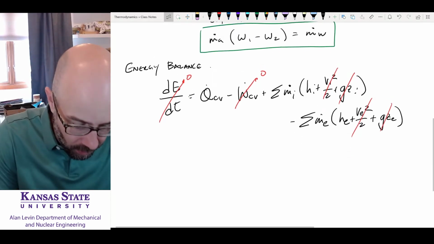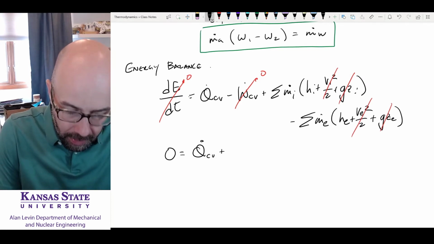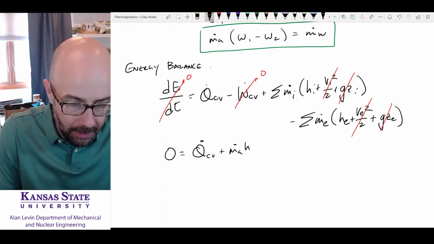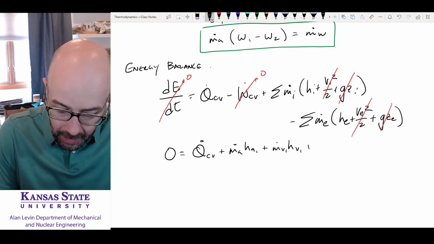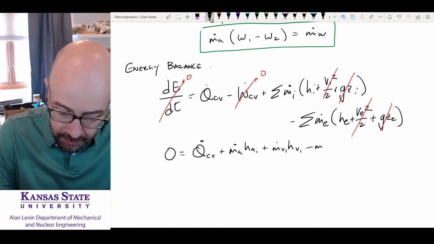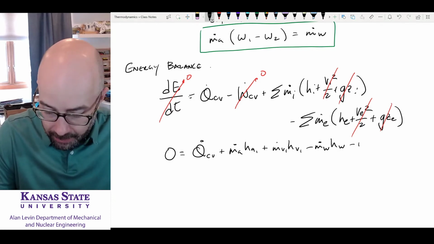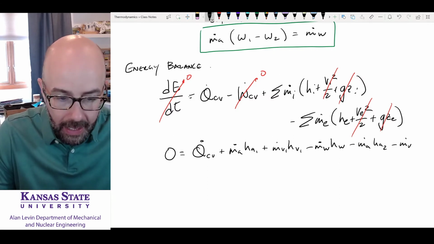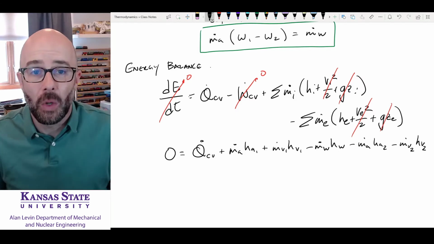We're going to say 0 is equal to Q dot of the control volume, plus the mass flow rate of air times the enthalpy of air at 1, plus the mass flow rate of my vapor at 1 times the enthalpy of my vapor at 1, minus the mass flow rate of my liquid water times the enthalpy of my water, minus the mass flow rate of my air times the enthalpy of my air at 2, minus the mass flow rate of my vapor at 2 times the enthalpy of my vapor at 2. That is what I have to deal with there.